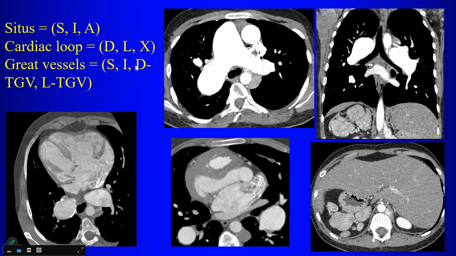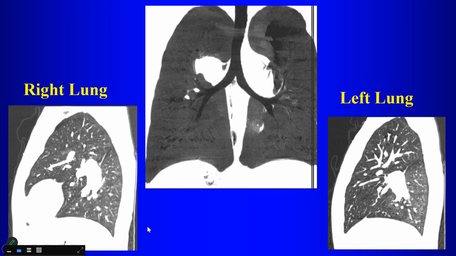We could go through the whole exercise of the cardiac looping and the great vessels and all of that, but in this particular case, we already know it's going to be polysplenia, with a big left to right shunt because of this big endocardial cushion defect, bilateral left-sidedness, so it's a patient with situs ambiguous. And then if we look at the lungs, here's the right lung, here's the left lung, okay?